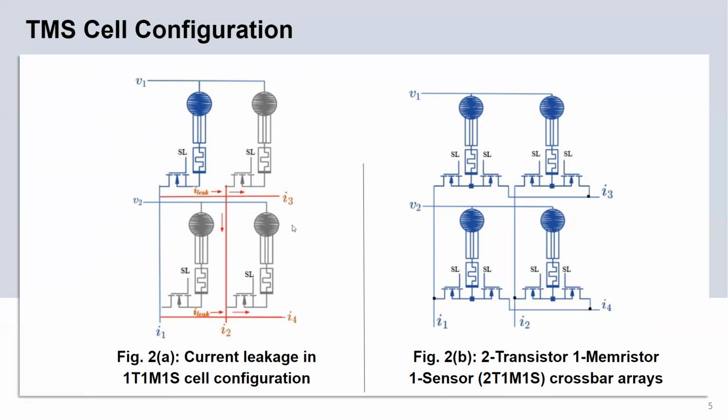If we include the horizontal readouts for the 1T, 1M, 1S cell configuration, it results in current leakage, which is shown in figure 2A. Whereas for the 2T, 1M, 1S configuration, we can considerably reduce the leakage current since we have two transistors in each cell. One transistor acts as a switch in the vertical line, and the other transistor acts as a select switch in the horizontal line.